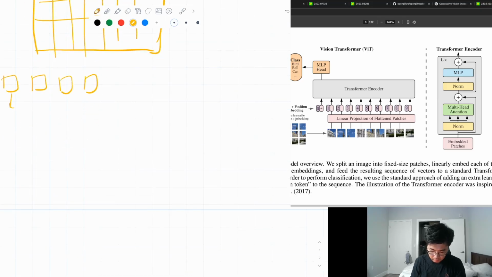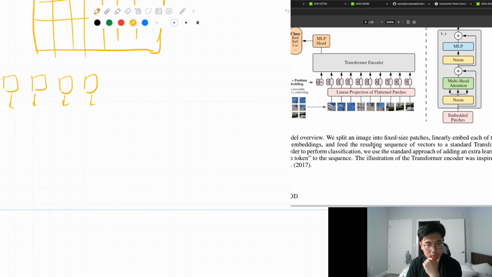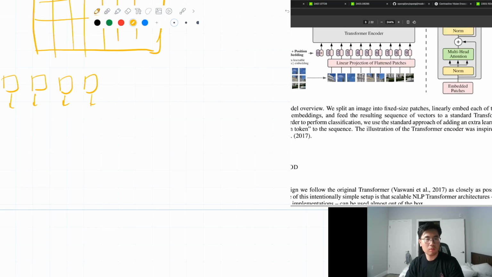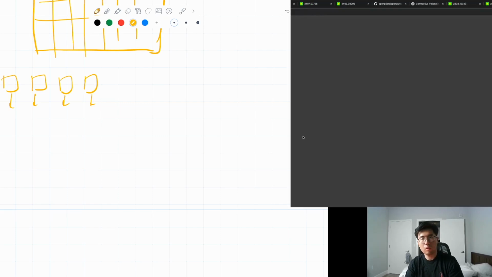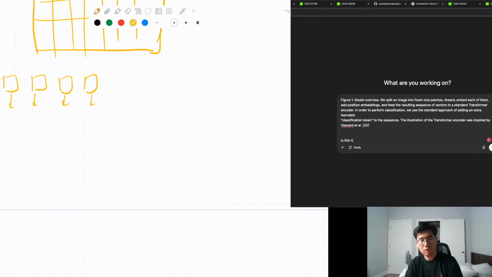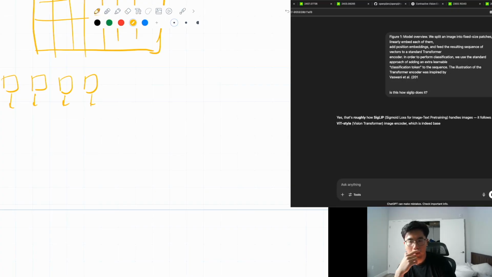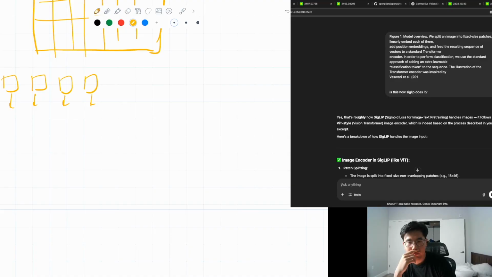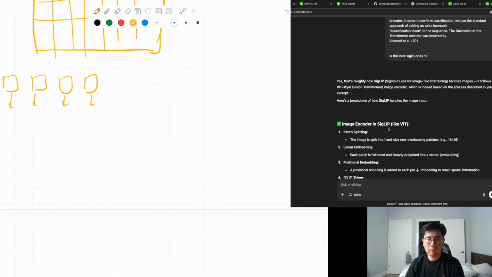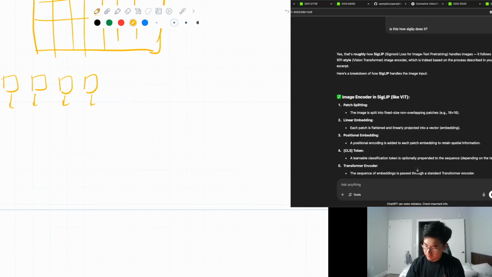They do some linear projection. Okay, what does that mean, linear projection? I guess you just reduce the dimension of your images. Yeah, so each of these image patches is going to be flattened, right?